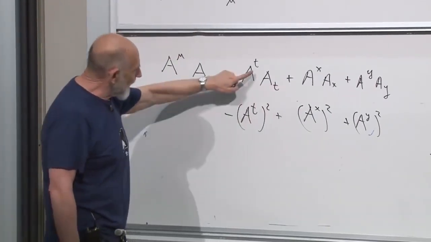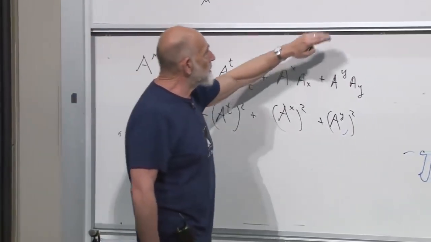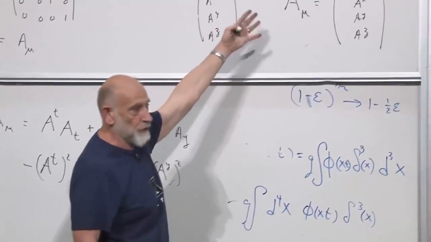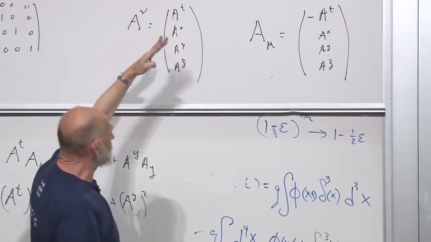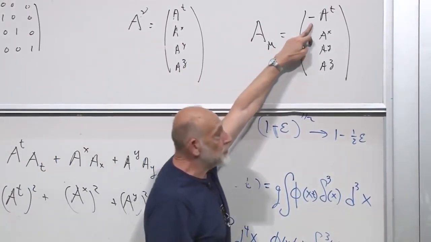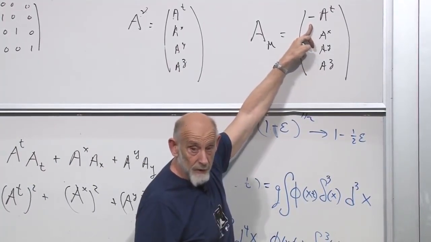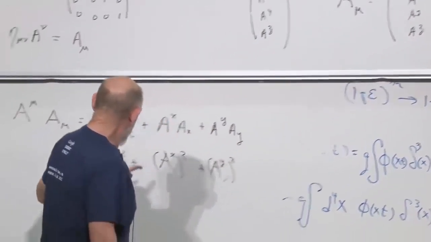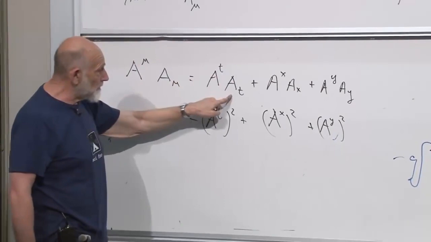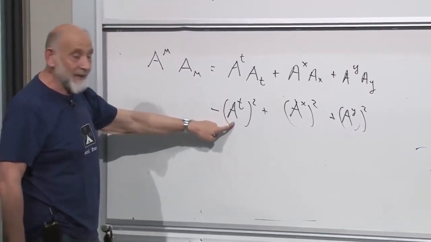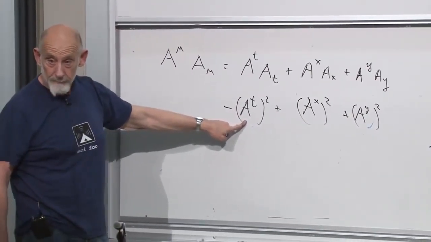But the minus sign comes in because the operation of lowering the index changes the sign of the time component. So A_T upper times A_T lower is minus A_T squared.